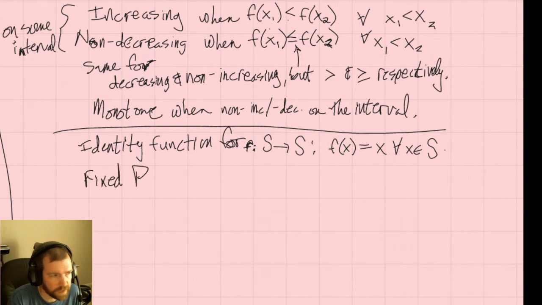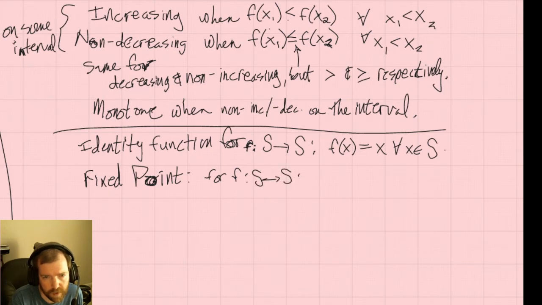Similarly, there's such a thing as a fixed point. So f defined as S mapping onto S, f of x equals x for some x belonging to S, but not for all.